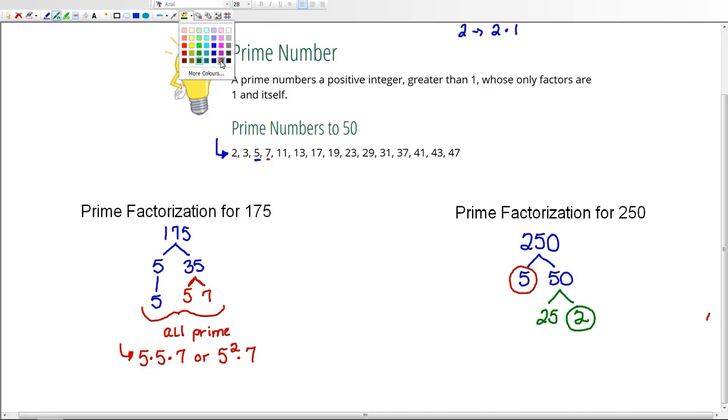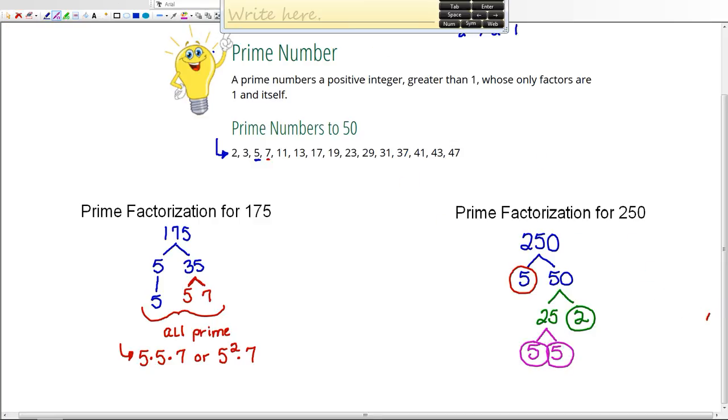And now I'm going to continue with 25 because it's not prime. And I'm going to branch off and think of two more numbers that I can multiply together to get 25. And its factors are 5 and 5. But I know that 5's prime, so I'm going to go ahead and circle it. Now, once I've come to this point, I know that I have all prime numbers and I can stop.